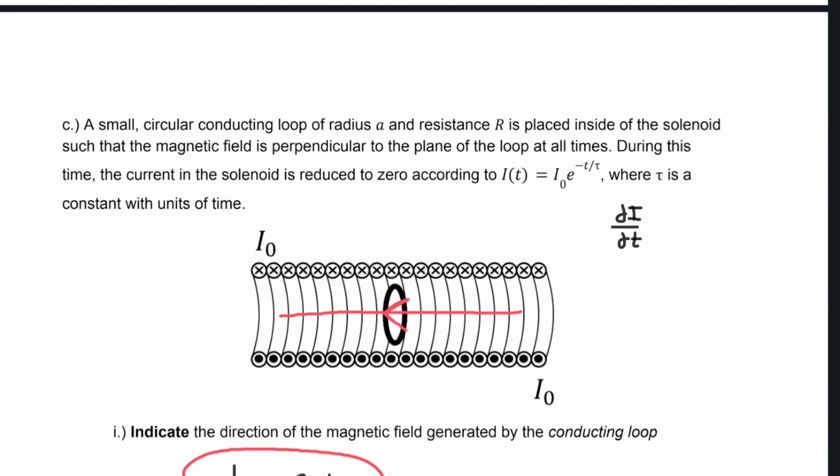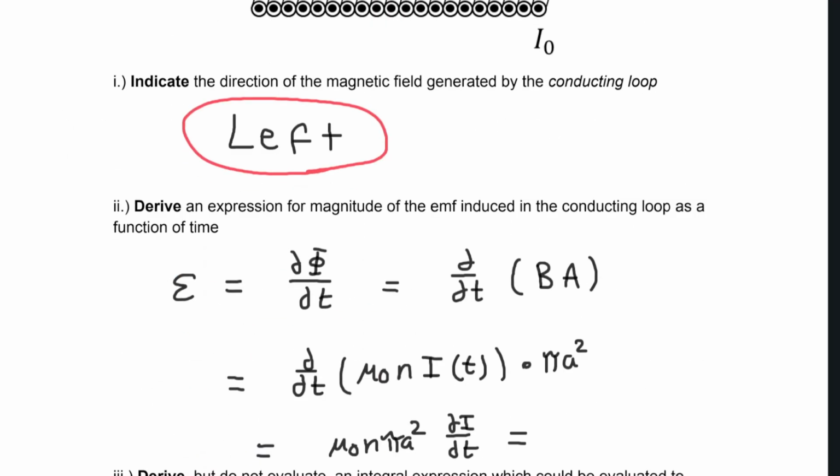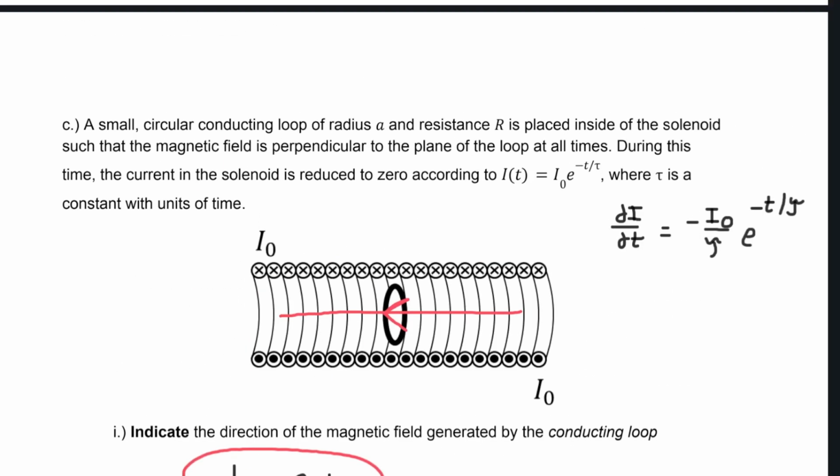So dI/dt is negative I0 over tau e to the minus t over tau, just doing the chain rule here. We'll make that quantity positive to be consistent with the magnitude.